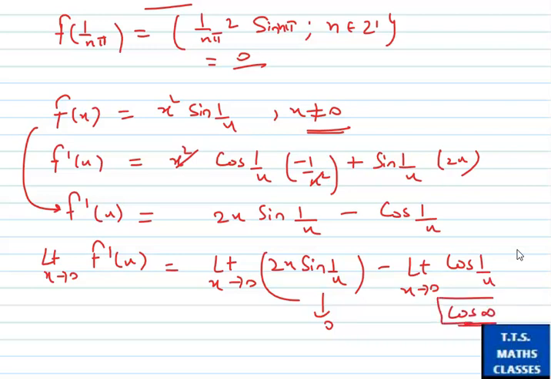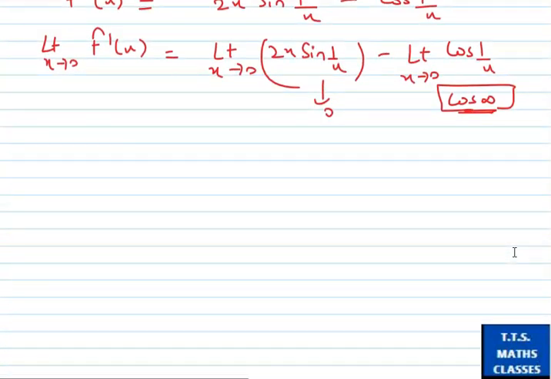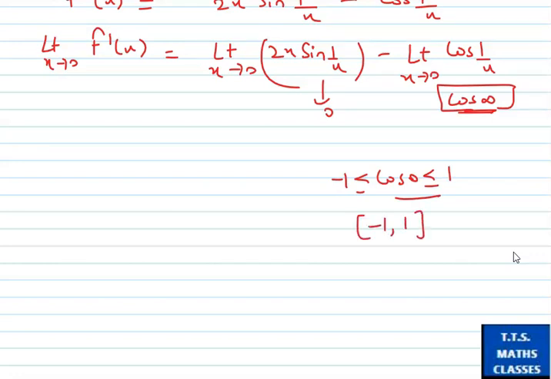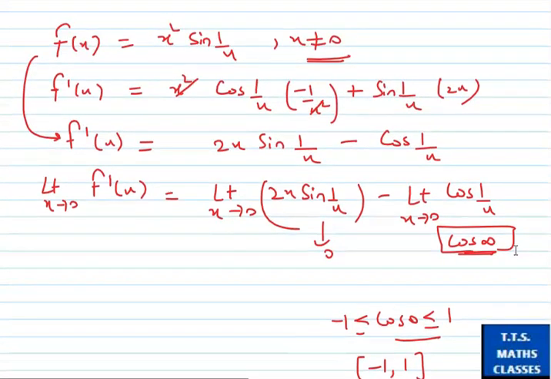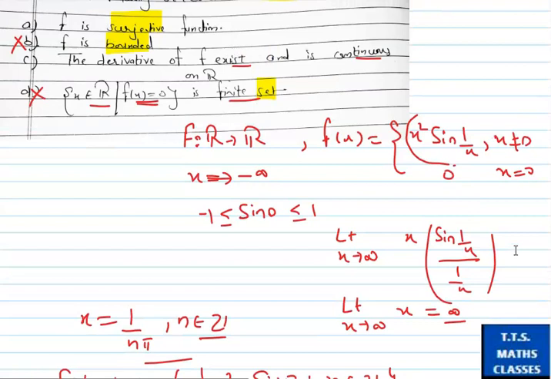Now we don't know any value of cos infinity, because we very well know that cos theta lies between -1 and 1, but we do not know the exact value of cos infinity. It is in the interval of -1 to 1, but between -1 and 1 there are infinitely many numbers. So therefore we can't say the limit exists, and so continuity fails. Therefore option C is also wrong. It means option A is true. So thank you.